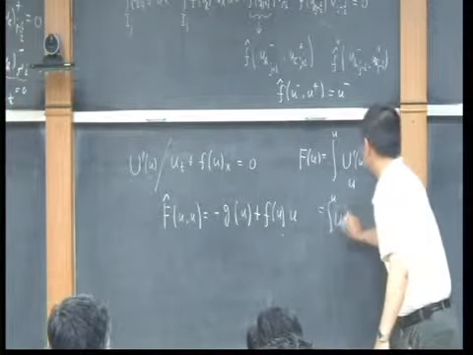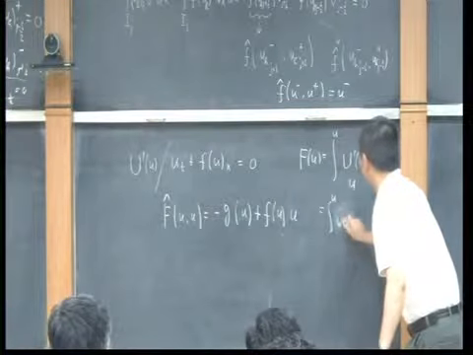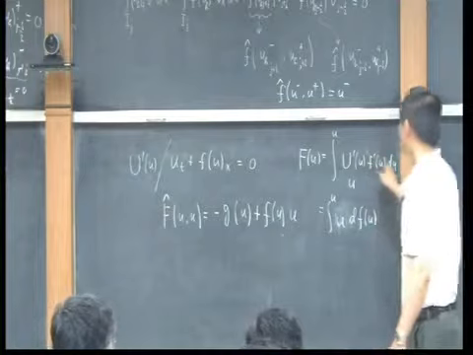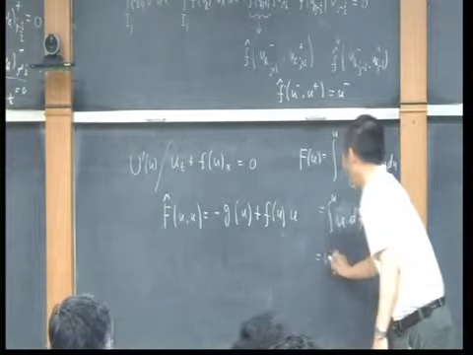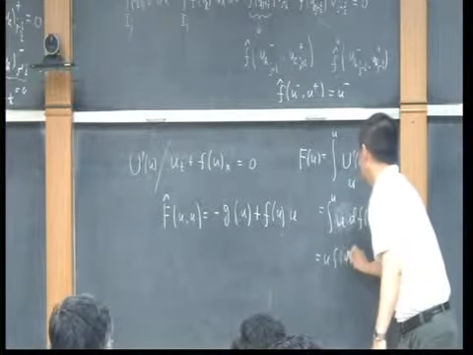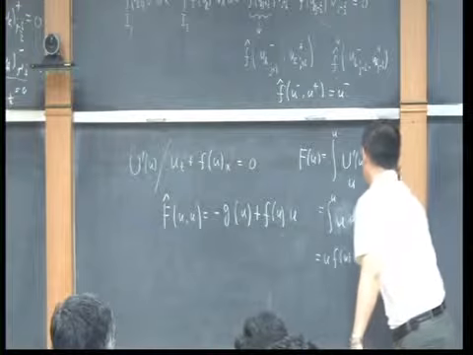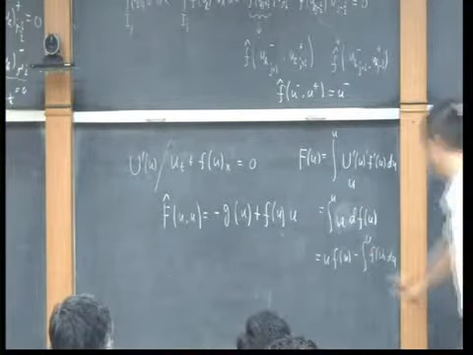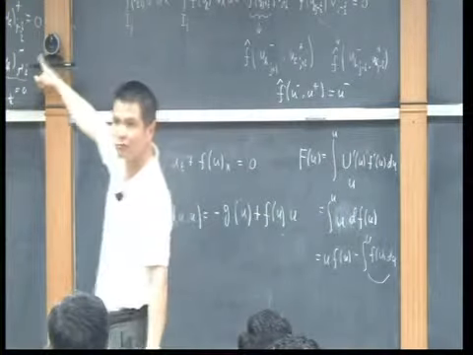So this is U prime of u, small u, times df(u), because f prime of u du is df(u). And I do integration by parts, I get u f(u) minus the integral of f(u) du. I have my definition, this thing is my G(u).